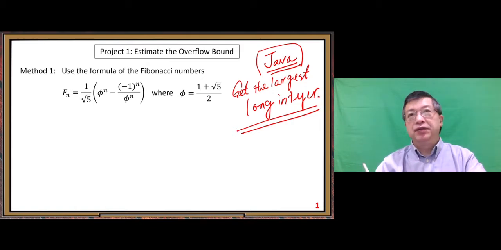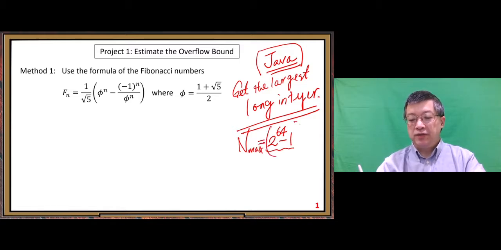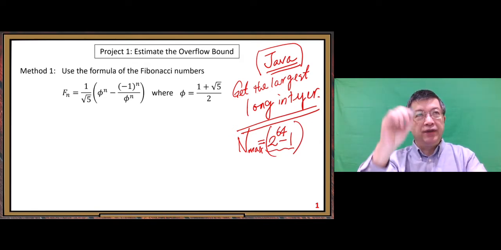But in Python, you have to do simulation. We know the largest long integer is 2 to the 64th minus 1, because it is a 64-bit number. So that is the largest one. You can calculate that, then you plug it into the formula.